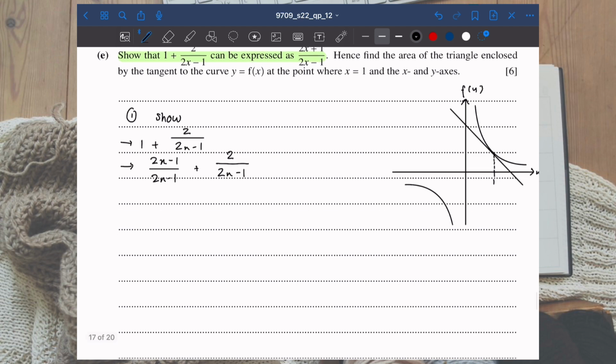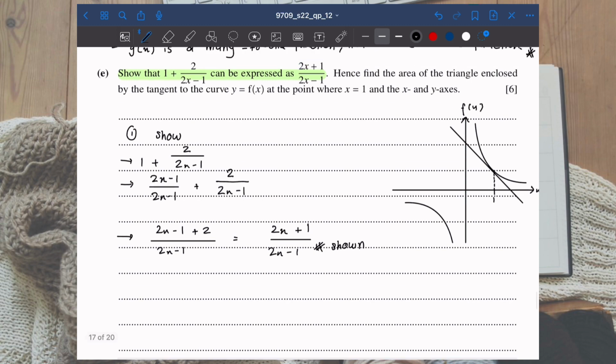So combine the numerators: 2x minus 1 plus 2 over 2x minus 1 will be 2x plus 1 over 2x minus 1. So we've already shown this part.